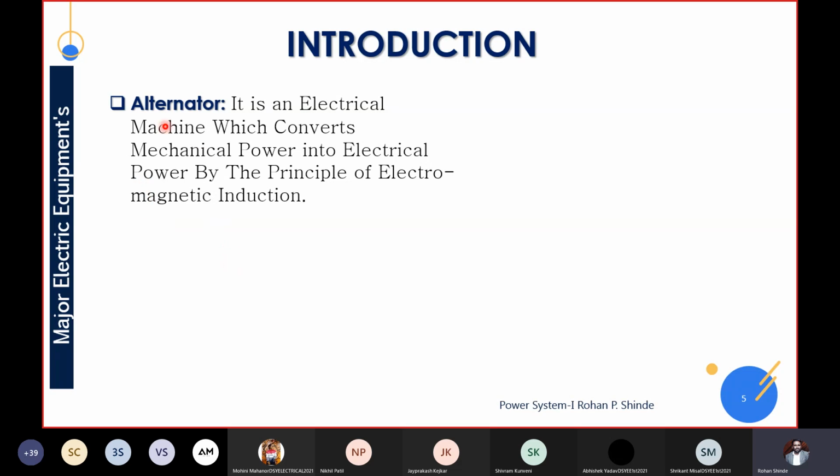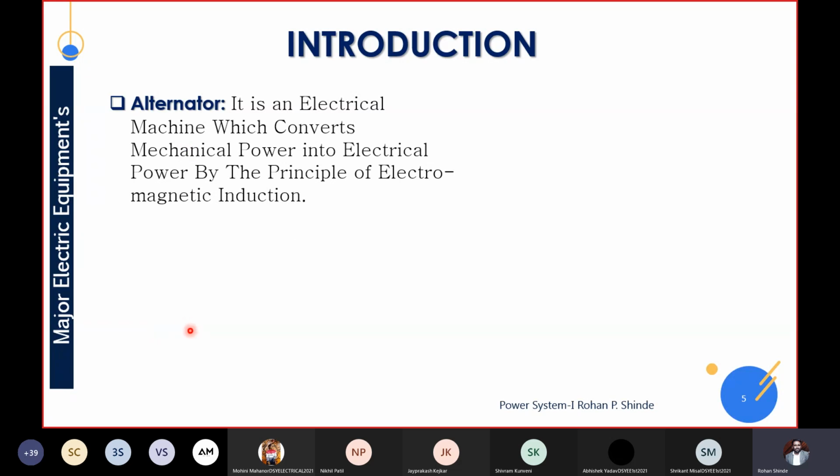Okay, so see here, what is a DC generator? Mechanical power or mechanical energy will be converted into DC electrical energy. Okay, that is called a DC generator. What is a DC motor?